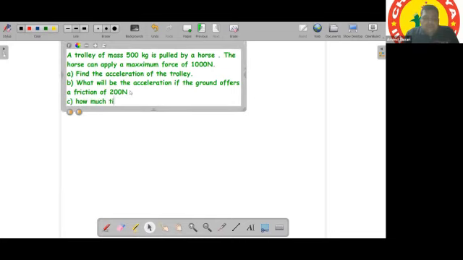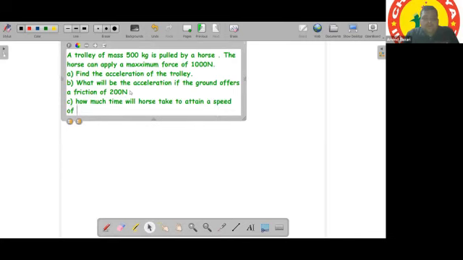How much time will the horse take to attain a speed of 72 km per hour, assuming no friction acts on the trolley?